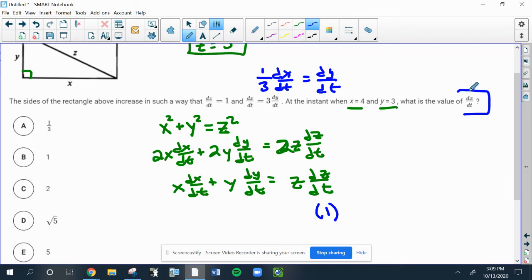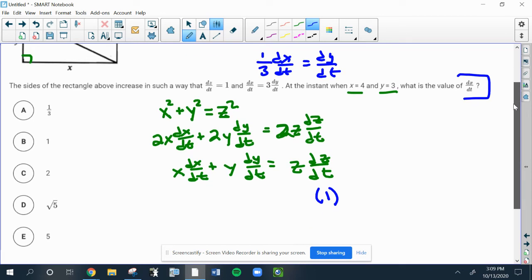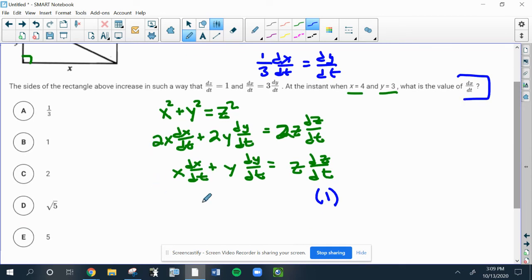I mean, if you think about that, that's going to make a lot of sense because we need to solve for dx/dt. We don't want to get rid of them. So dy/dt is 1/3 dx/dt. And dx/dt is dx/dt. That's what we're solving for.